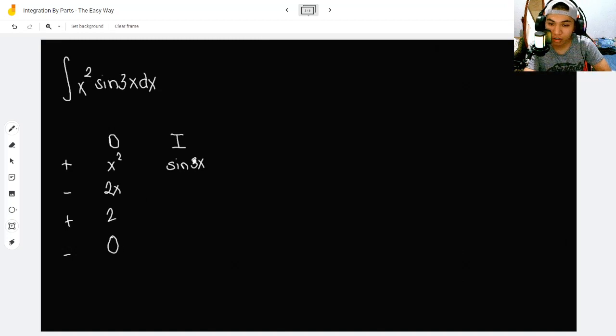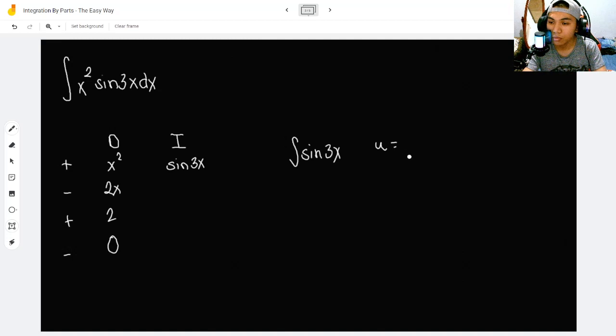Now we integrate sine 3x. So just for the sake of it, let us integrate it manually for now. So we have the integral of sine of 3x, and we can use a nice u sub here.